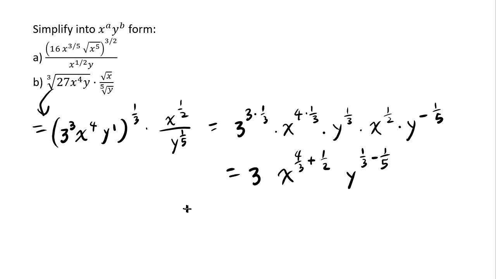And again, to combine the fractions, you need common denominators. So I multiplied 2 top and bottom, so it's 8 over 6. 2 top and bottom, that's 2 over 4. And then 1/3, 1/5. In that case, the least common multiple is 15. So multiply 5 top and bottom, and multiply 3 top and bottom.